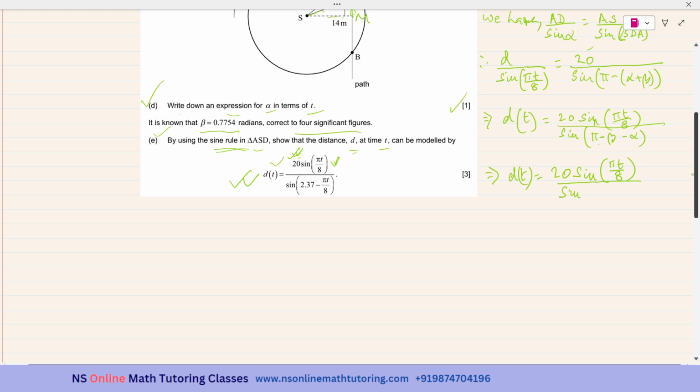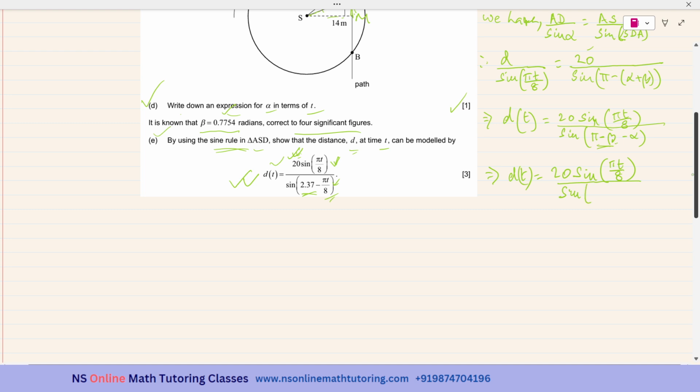I have taken pi minus beta because I know the value of beta. It is given. And I know alpha is pi t over 8, so minus alpha is minus pi t over 8. This will be just substituting the value of alpha, obtained by doing this subtraction.